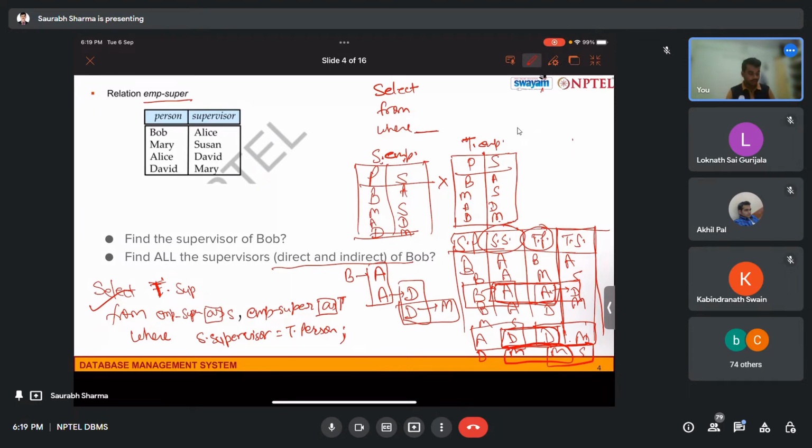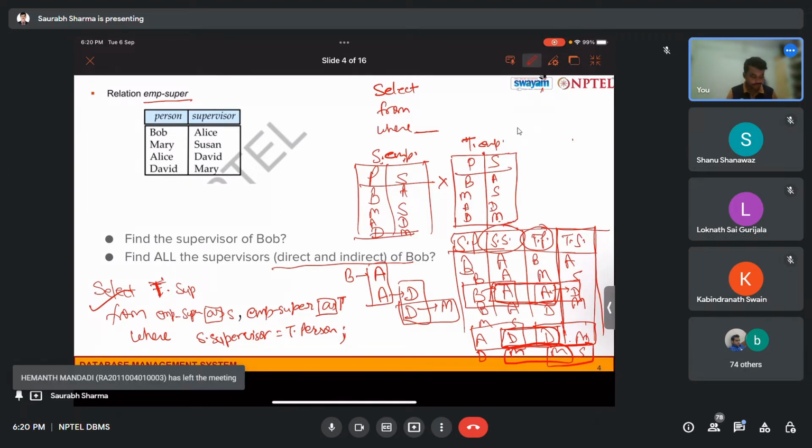Okay. You can explain the query again, sir. I didn't get it. Okay, what we want is all the supervisors of Bob. For that, we should know who is the direct supervisor and who is the indirect supervisor. Indirect means the supervisor of the supervisor, who is also indirectly supervising Bob.